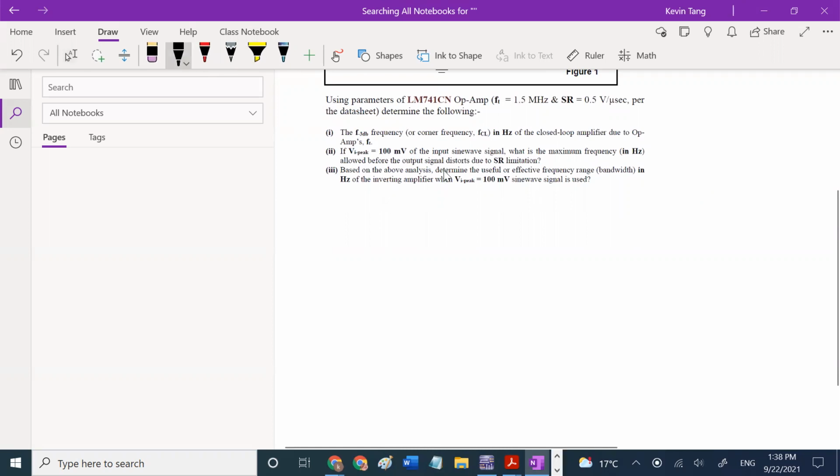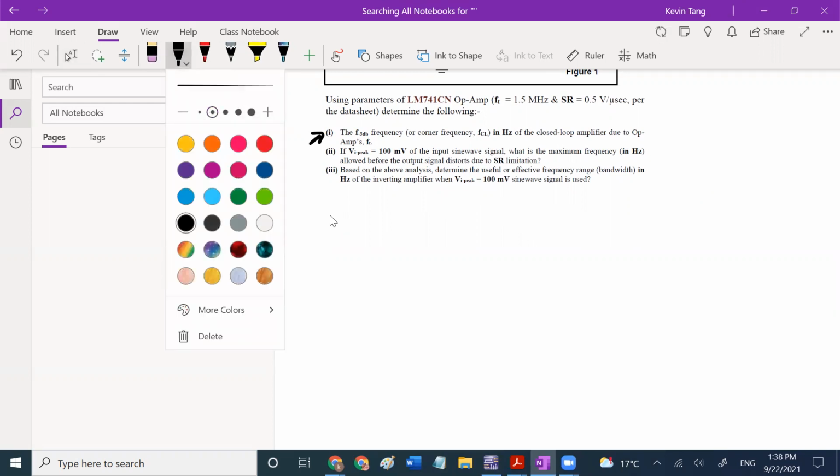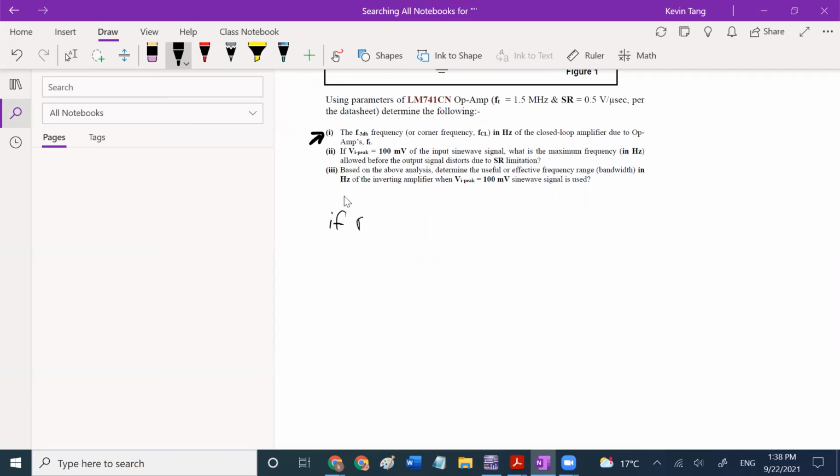For the first part, if my R is assigned to be, say, 1000 K, my ACL is minus 1000 K over 10 K, which is minus 100.